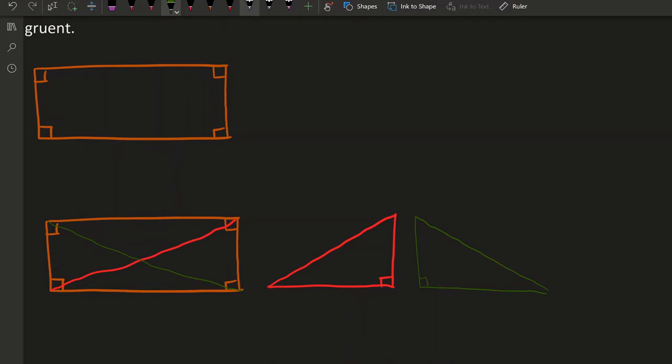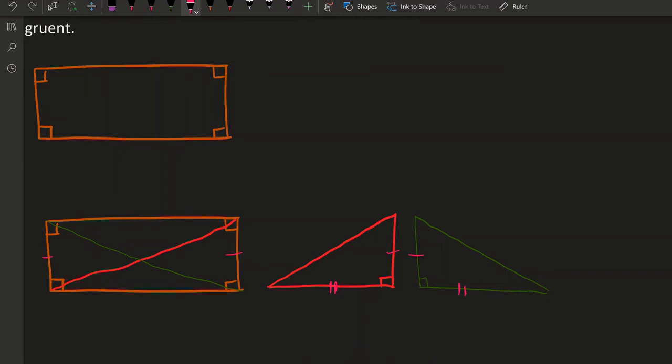But one of the things that we notice is that since it's a parallelogram, opposite sides are congruent. So that means that these 2 sides are congruent. Also, using the reflexive property, the bottom of both of these triangles, the base, is also congruent.